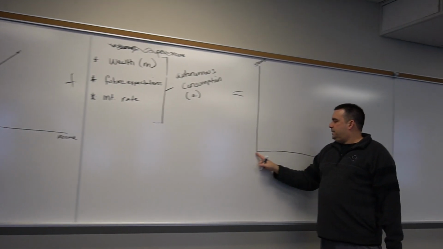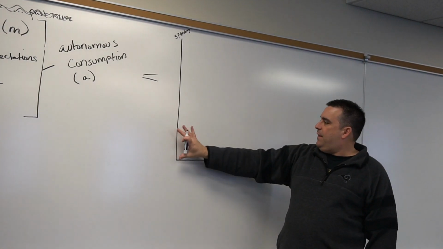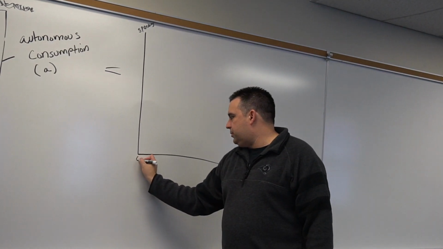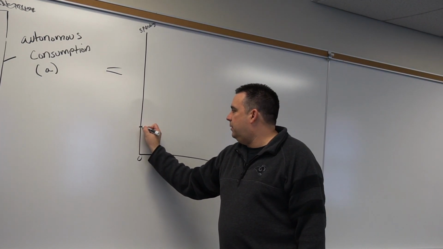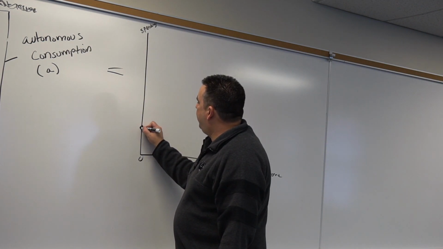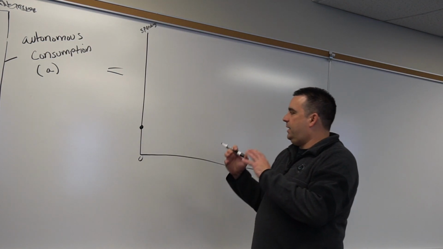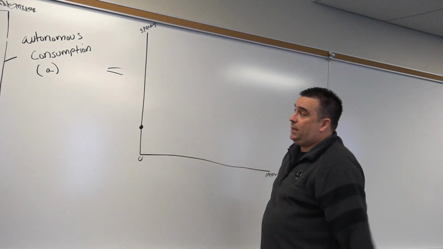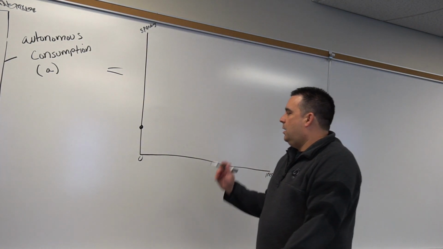Okay, so I need some measure of spending, meaning a positive value on the vertical axis, even if income is zero. So there's zero, go positive up, right there. I know that I would spend some money independent of income, based probably on wealth, but maybe on future expectations and definitely on the interest rate.